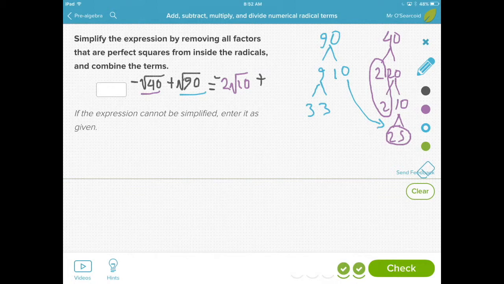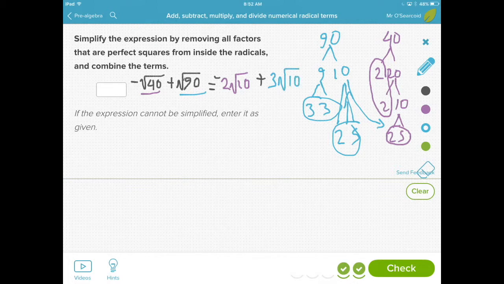So we're just going to leave the 10 where it is, make our life a little bit simpler and quicker. But if you want it to be complete and thorough, take out the 2 and the 5, and then put it right back in because you don't have anything to pair up with. But these 3's pair up, so that 3 comes on the outside, and the 2 times 5 goes on the inside, and it's 3 root 10.